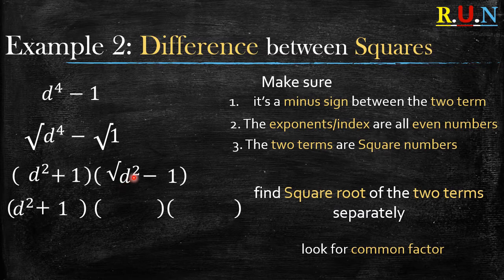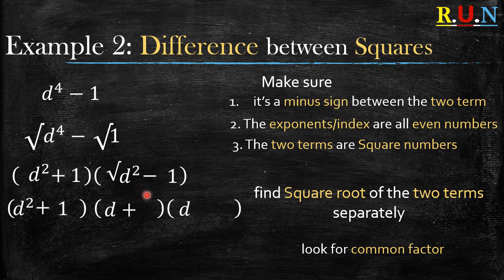What is the square root of d to the power 2? It's just d. Remember, when you look for the square root of an exponent, you divide it by 2. 2 divided by 2 is 1, which means the answer is just d. You write the d in one bracket, and you also write it in the other closed bracket.